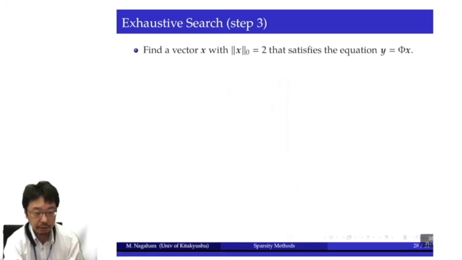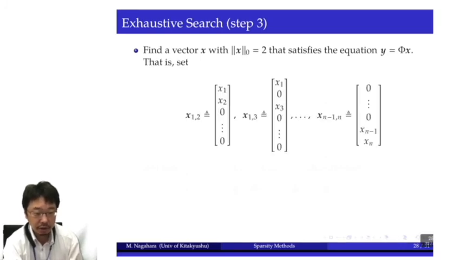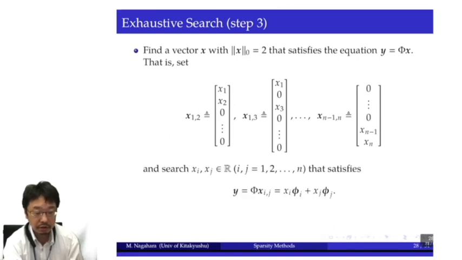Step 3. Find a vector x with L0 norm is 2, or 2-sparse vectors, that satisfies the equation y equals Φx. That is, we set these vectors and search two elements xi and xj that satisfy y equals Φxij, which is equal to xi times φi plus xj times φj.